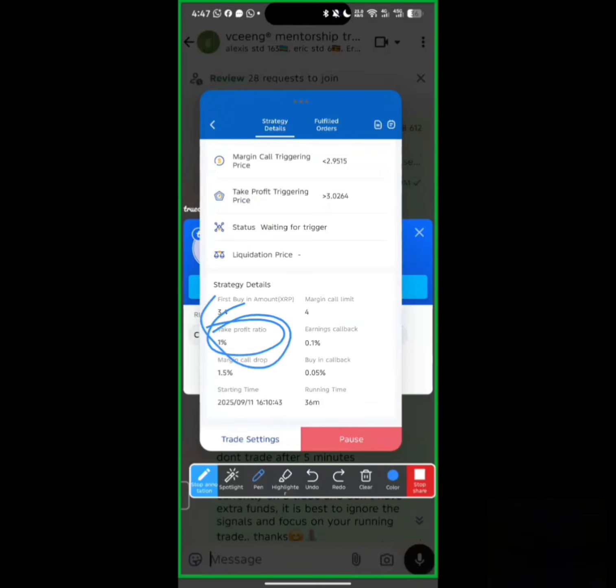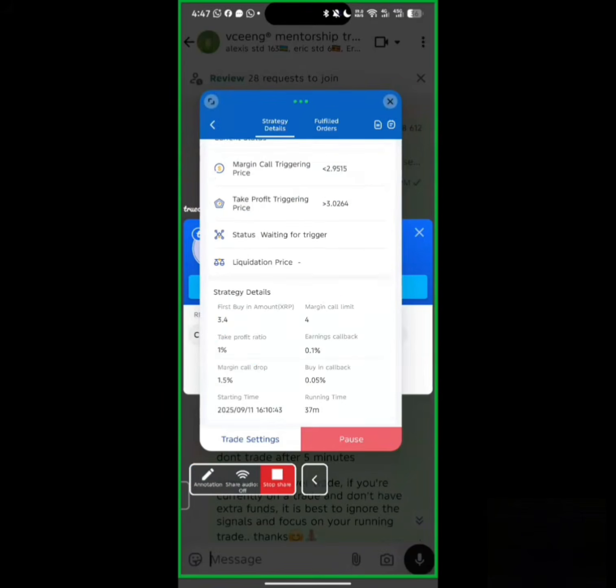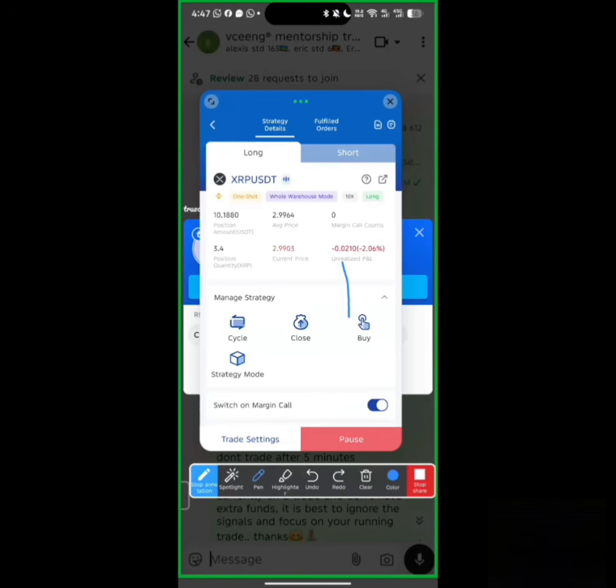I'm supposed to make 1% of $1, which would be a very small amount. But because I have used the 10x leverage, I am making 10% of my $1, not 10% of $10. I'm not the owner of this $10 that you are seeing here. The $10 here does not belong to me. It's not my own. See, the $1 that is my own out of this $10 moves up.